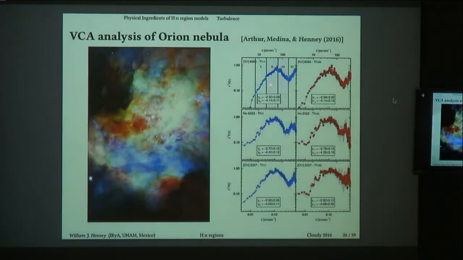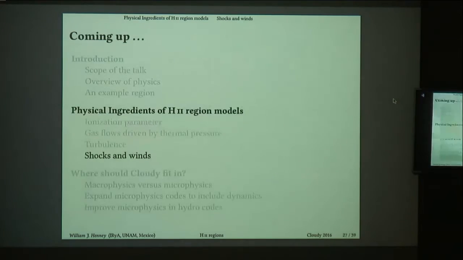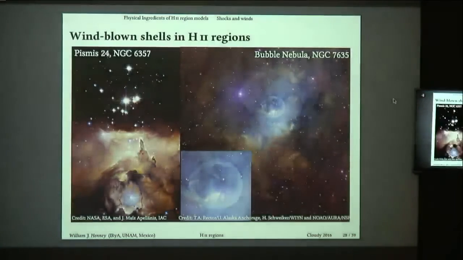If we apply that to the Orion Nebula, as in a paper that's in press at the moment with Jane Arthur as first author, you can look at the power spectrum of the thin velocity slices and compare them with the thick velocity slices, which gives a diagnostic of the statistics of the velocity fluctuations. It turns out to be, as always in these things, consistent with a Kolmogorov power law, which is quite nice. Shocks and winds.